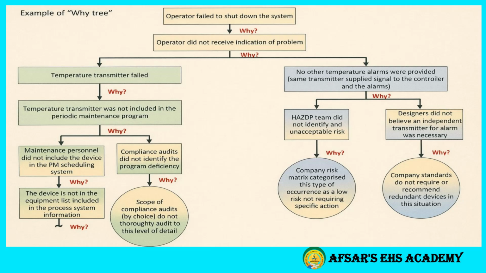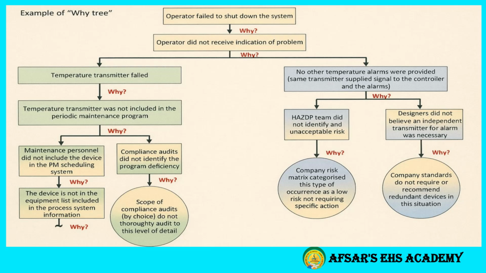Now we proceed to the second cause listed in the beginning and ask why no other temperature alarms were provided. We found two causes. One was that the hazard and operability team did not identify an unaccepted risk. Another was that the designer did not believe an independent transmitter for alarm was necessary.